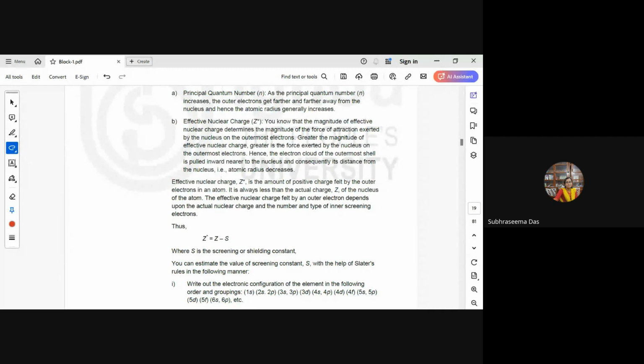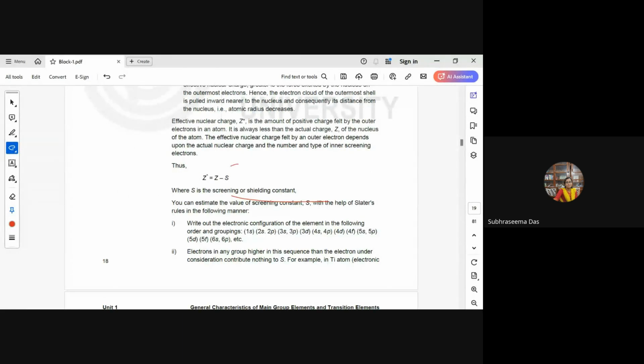The effective nuclear charge is the charge felt by an outer electron, and it depends on the actual nuclear charge and the number and type of the screening electrons present between the nucleus and the outermost shell. Mathematically we write Z star is equal to Z minus S, where Z star is the effective nuclear charge and S is called the screening constant or the shielding constant.